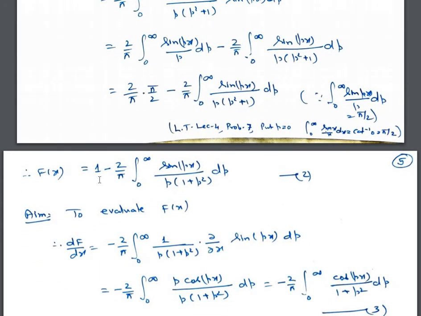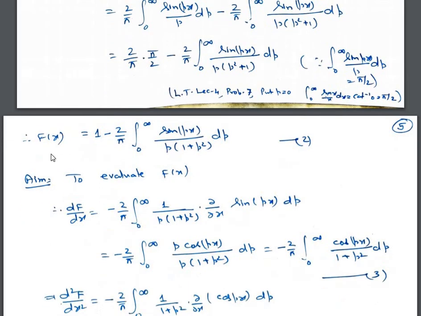So therefore f(x) is equal to 1 minus 2/π times the integral from 0 to infinity of sin px upon p(1 + p²) dp. Now our aim is to calculate f(x). So we differentiate with respect to x under the integral sign. So df/dx is equal to the derivative of 1, which is 0, so minus 2/π times the integral from 0 to infinity of 1/(p(1+p²)) times ∂/∂x of sin px dp.